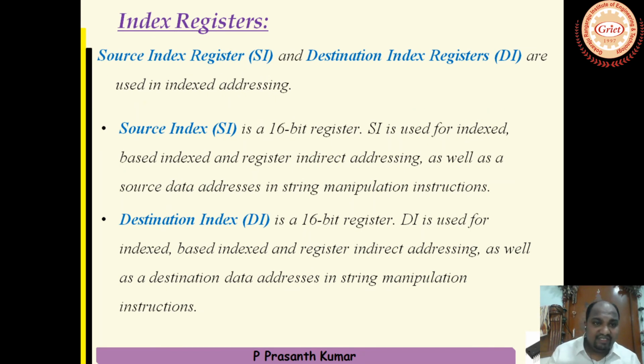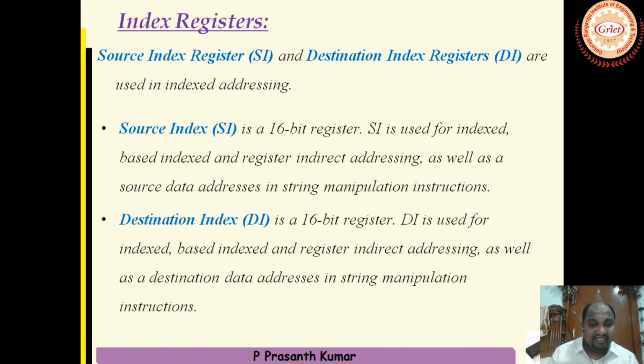Index registers. Source index register and destination index register are used in indexed addressing. The source index is a 16-bit register. This source register is used for indexed, based indexed, and register indirect addressing modes, as well as source data addressing in string manipulation instructions.